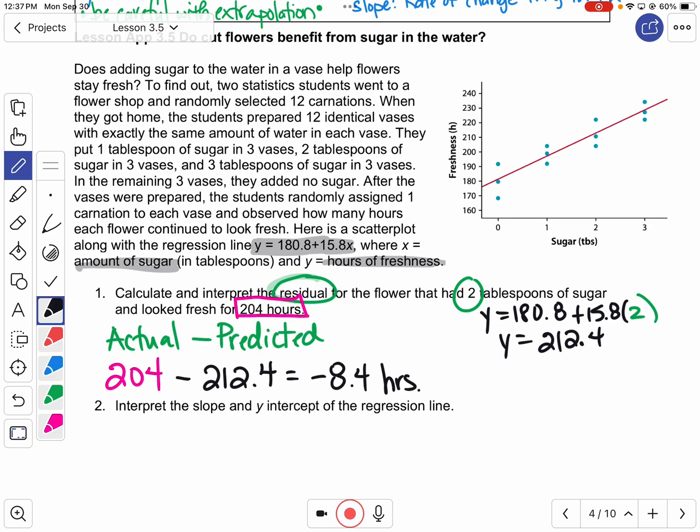So we would say that the amount predicted was 8.4 hours greater. That's all it's wanting me to say, whether it was greater or lower.